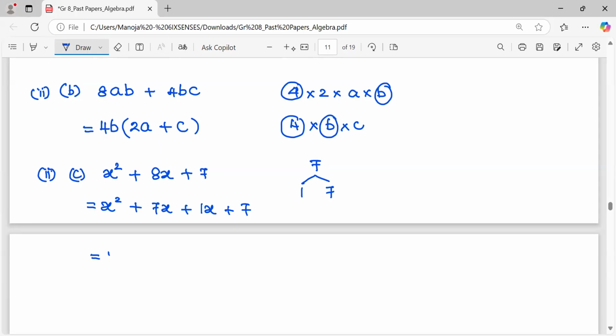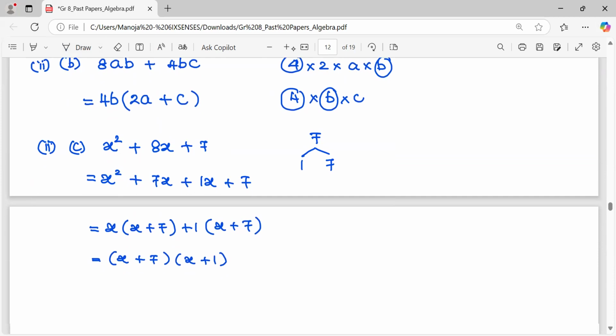Then you have x plus 7 and x plus 1. Next we move to the third question.